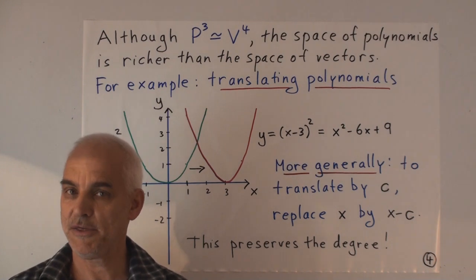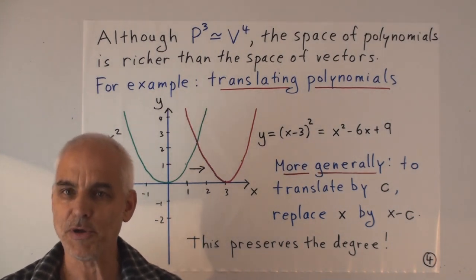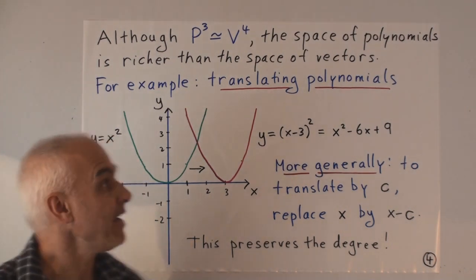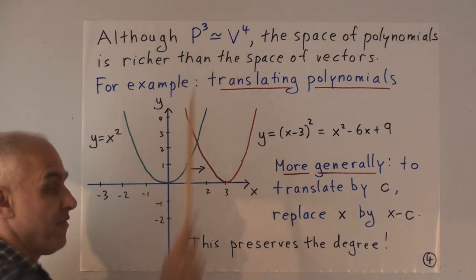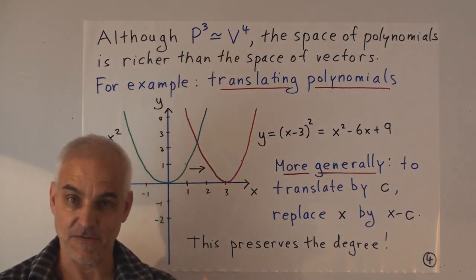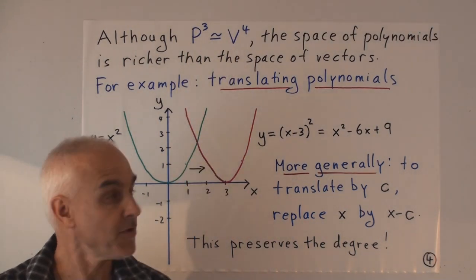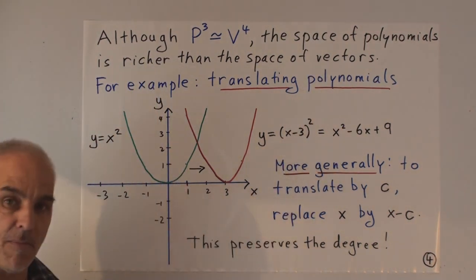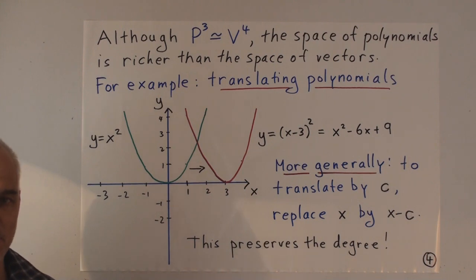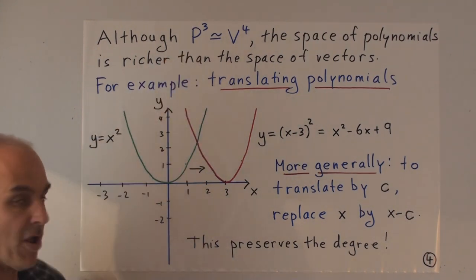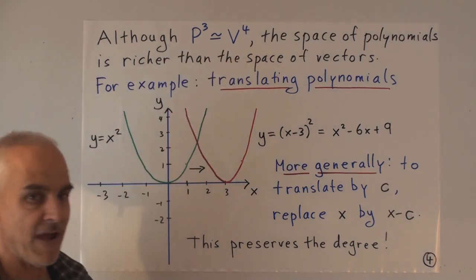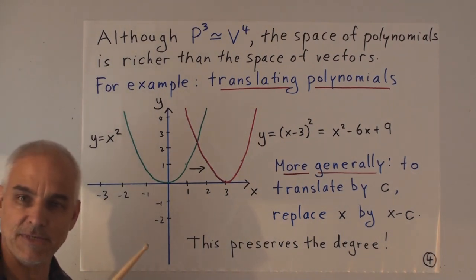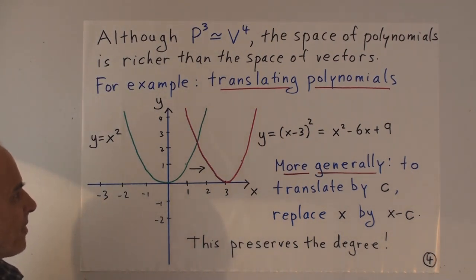Although the space P3 of polynomials of degree 3 or less is isomorphic to V4, the space of column vectors with 4 entries, the space of polynomials is actually a richer realm than the space of vectors. We can do more with polynomials than we can with vectors because the polynomials are themselves a little bit richer.